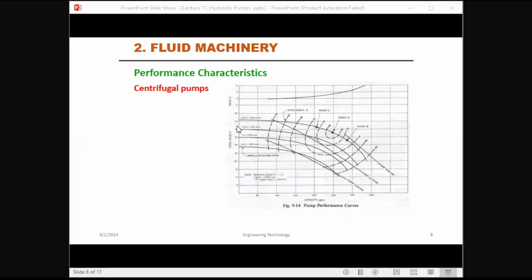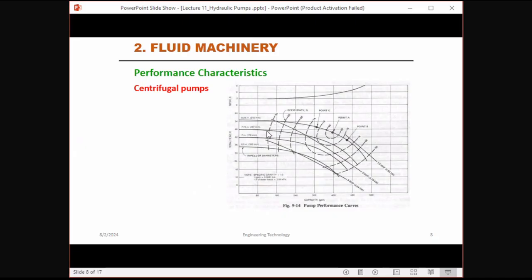Here you can see different impeller diameters, 6.5 inches, 8.25 inches, likewise. Here you can identify different diameters. A larger impeller diameter generally produces higher heads at given capacities.